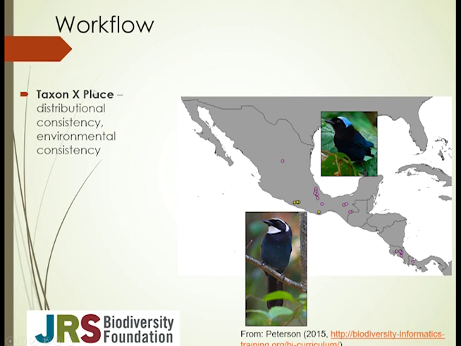With respect to taxon, times, places, distribution, consistency, environmental consistency. It is the case of two close species of birds observed in a locality, but they are different. But the observer can confuse them as they are too close.